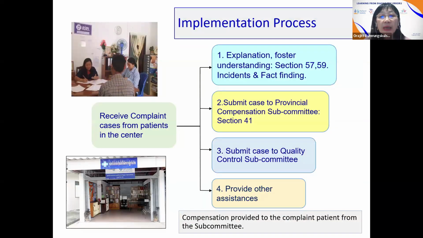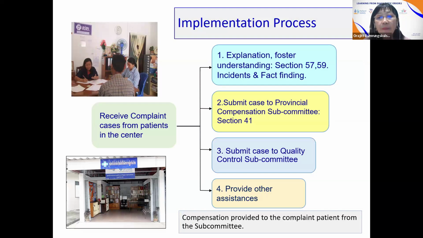The implementation process is that when the patient and their family have a problem from the service, they go to the center. The center receives cases, explains and fosters understanding of the system, and also does fact-finding. Then they submit the case to the Provincial Compensation Subcommittee.